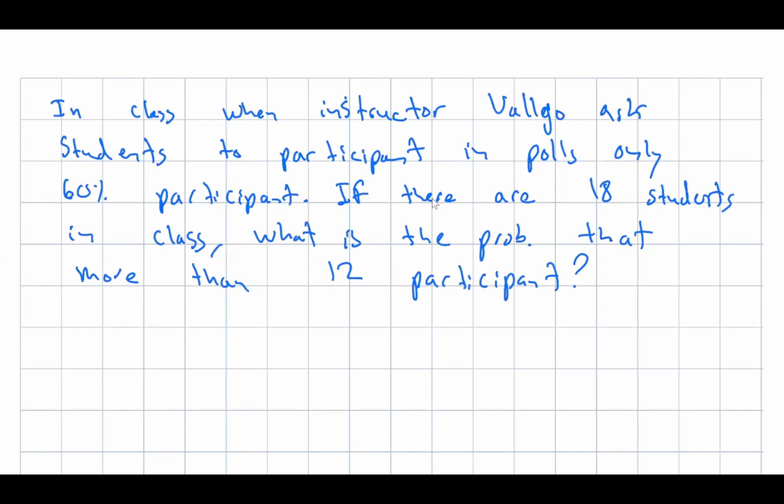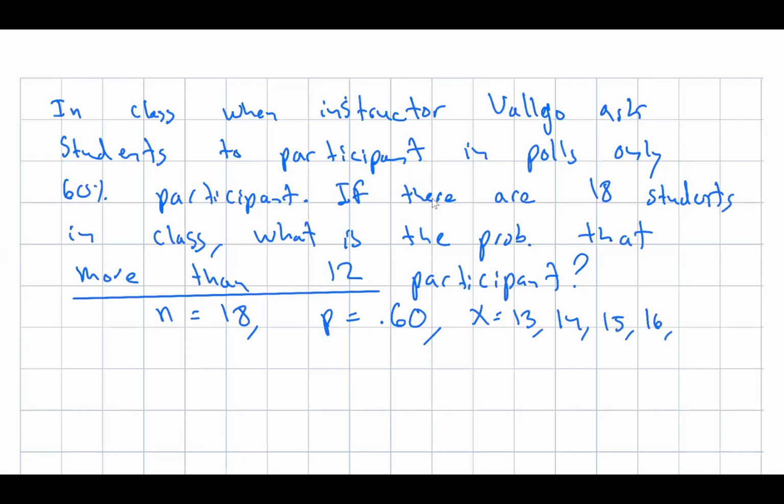All right, so if you look right here, n is however many students are in my class, so that's 18. p is 0.60. And it says more than 12, so you have to choose something more than 12. So the numbers more than 12 will be 13, 14, 15, 16, 17, 18.